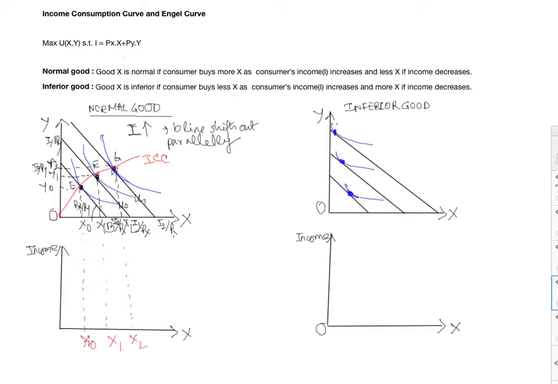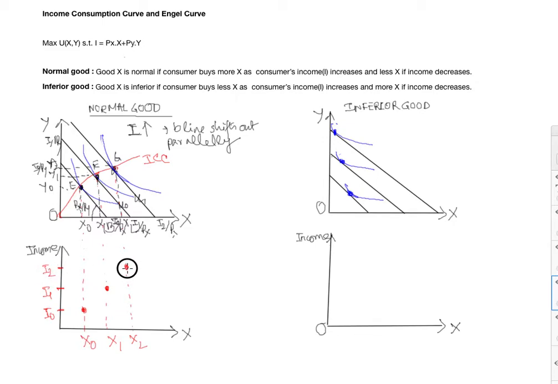X0 corresponds to I0 income, which is the lowest budget line. X1 corresponds to a higher level of income I1, this second budget line, and X2 corresponds to this third budget line with I2 level of income, which is the highest.